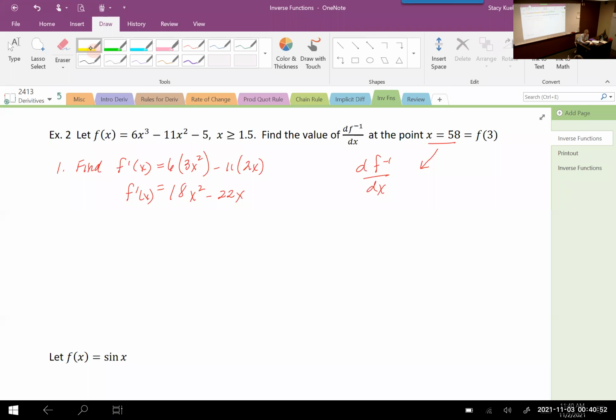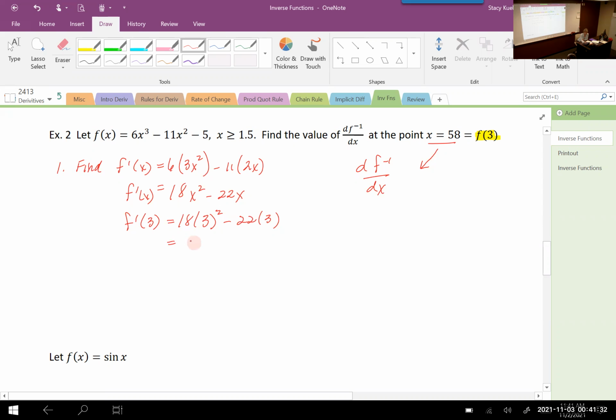So the second component that they gave me is saying if I wanted to plug in 3 to the derivative of the function we just found, I would get 18 times 3 squared minus 22 times 3. Or in other words, I would get, what is that, 96?